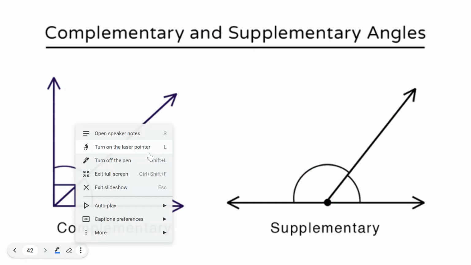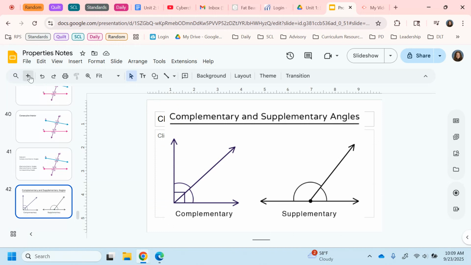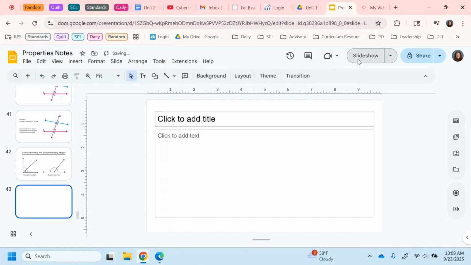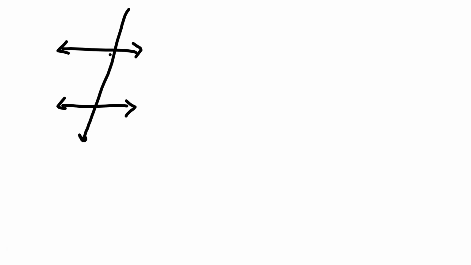We are going to do a proof now to show what that proof process looks like. I have some parallel lines here with a transversal.